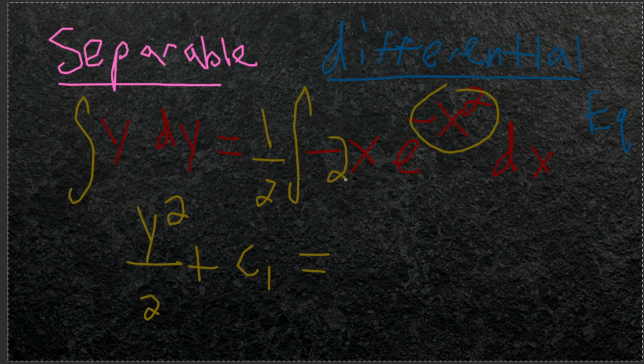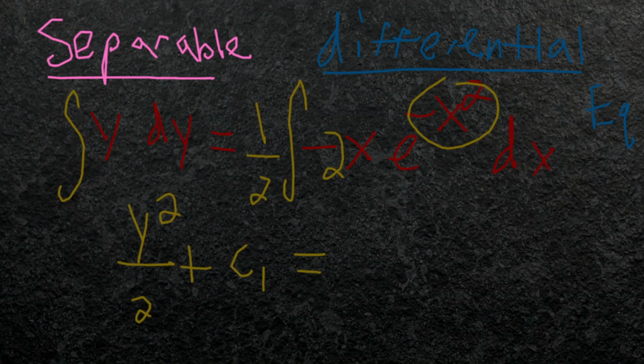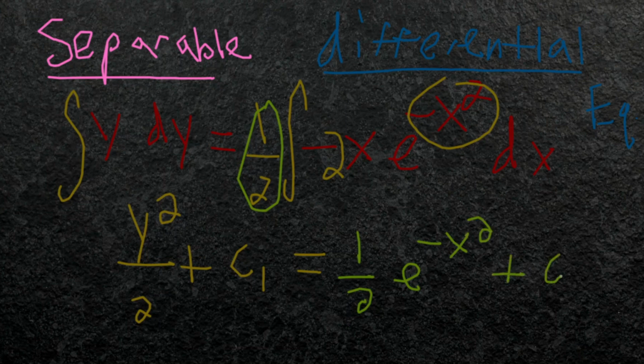And so now you could either do u substitution explicitly or just do it in your head, where you say u is equal to negative x squared, and then your du will be negative 2x dx. So I have something and its derivative, so I can really just integrate with respect to that u. So this is going to be 1/2 with the antiderivative e to the negative x squared, and then of course I might have some other constant. I'll just call that c2.